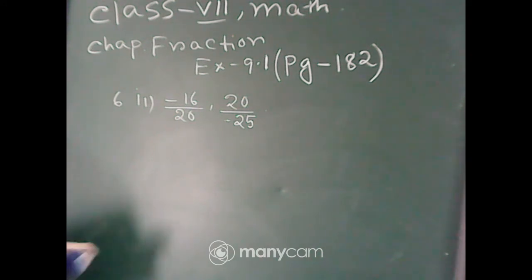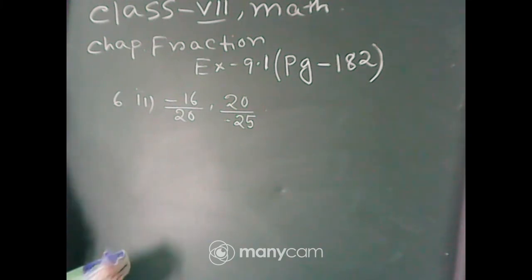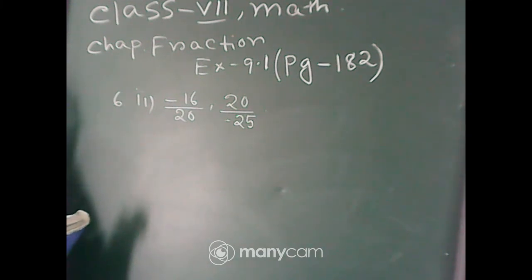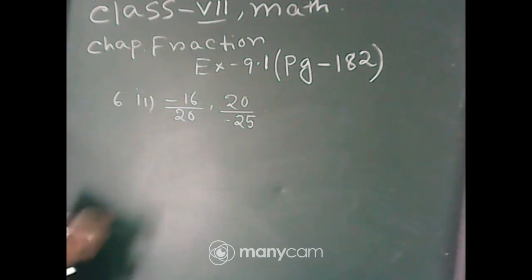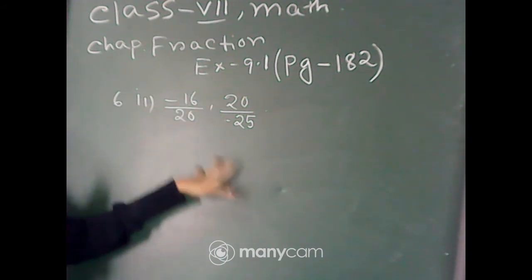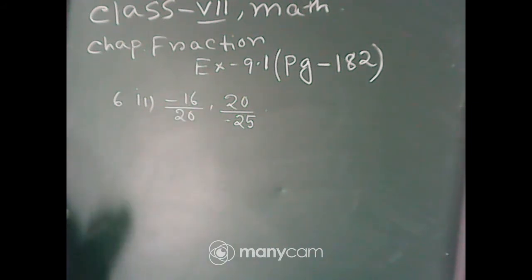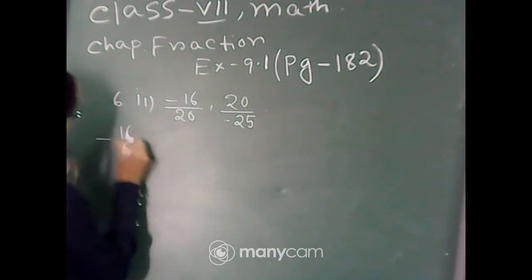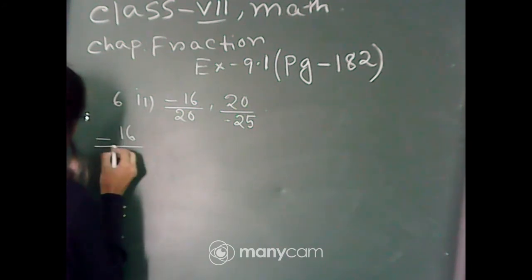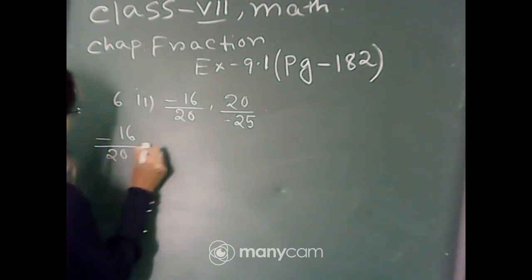First we convert these rational numbers into their standard form. Now, we take minus 16 divided by 20.